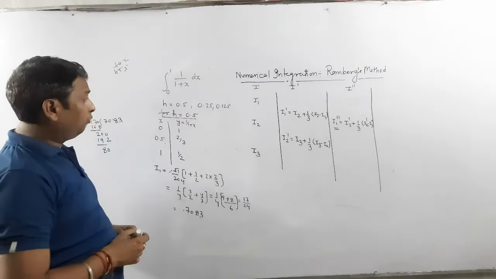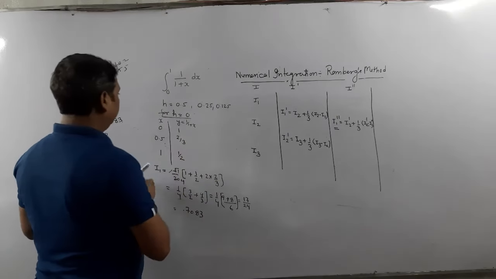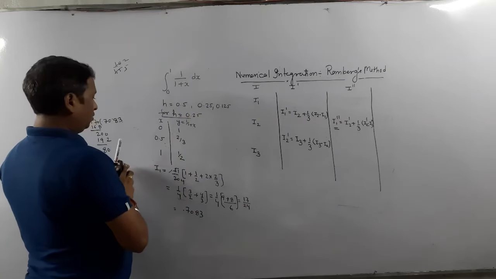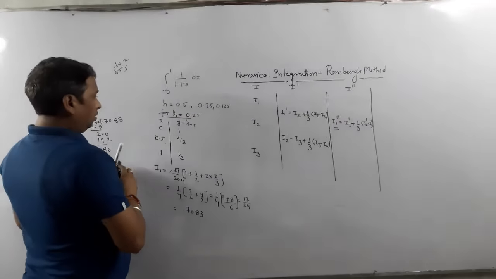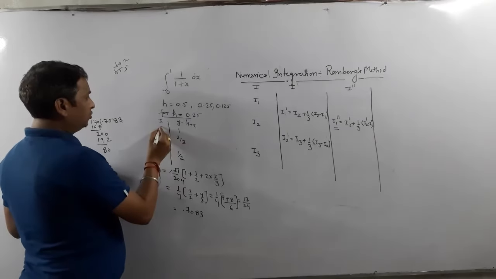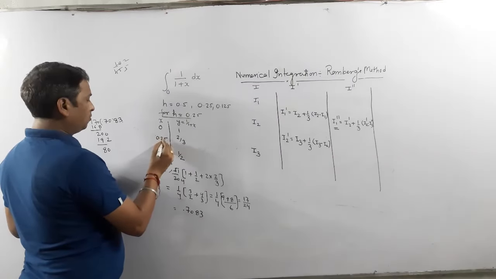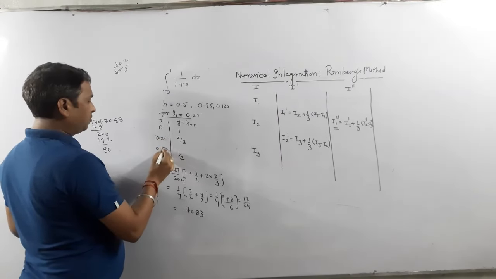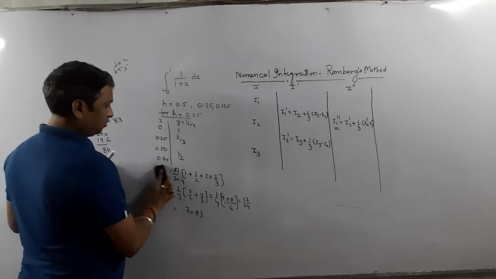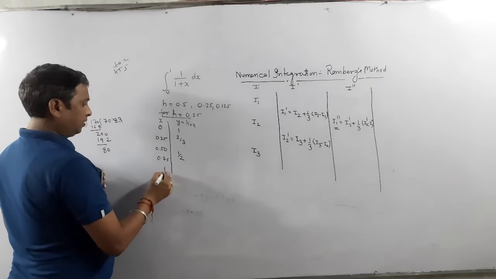Similarly, you can calculate for h value 0.25. When h value is 0.25, how do we calculate? The x values are 0, 0.25, 0.5, 0.75 and 1.